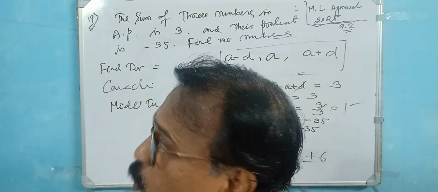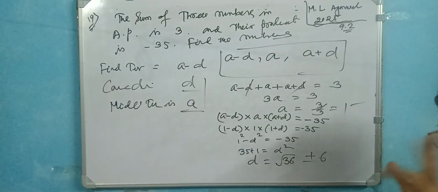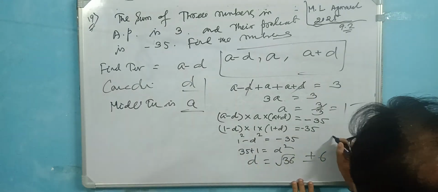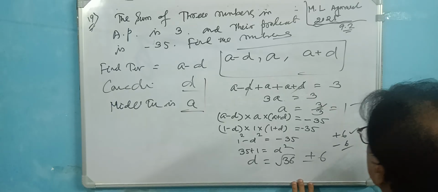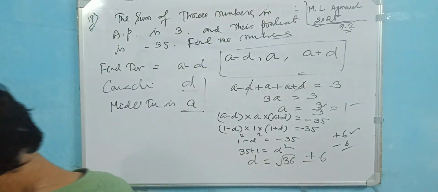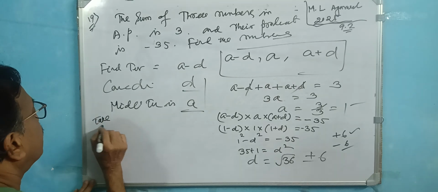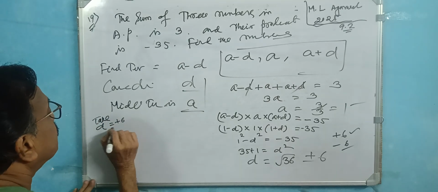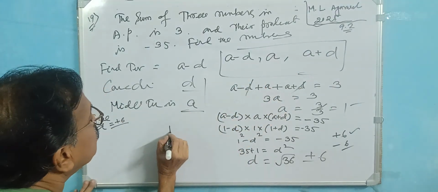It's clear? So you get D, and there are two values: plus or minus 6. One time you take plus 6, one time you take minus 6. Just put the value. When we take D equal to plus 6, A is 1.